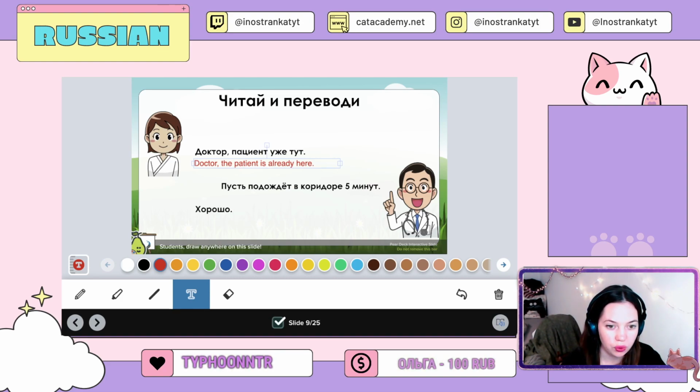Пусть подождет в коридоре 5 минут. So пусть is the same as let or let's. Пусть подождет means let him wait, or let them wait, because пациент we can refer to a male person and to a female person.